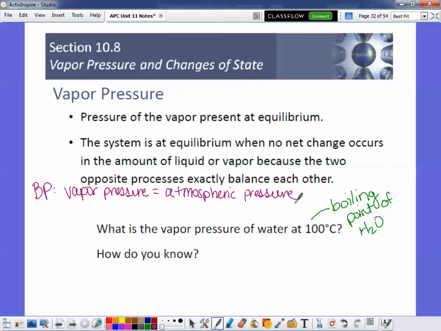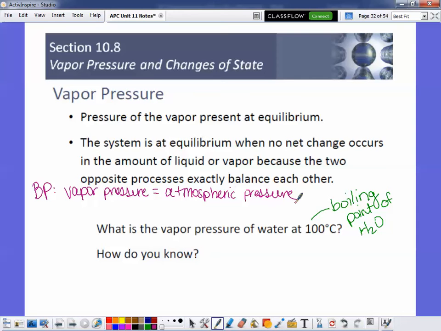That's why, when you look at a phase diagram, you can manipulate the boiling point of something by changing the overall pressure. You can make something boil without actually heating it up, just by changing the pressure. If you lower the pressure, it's going to boil much easier, because you're bringing down the atmospheric pressure to its vapor pressure.